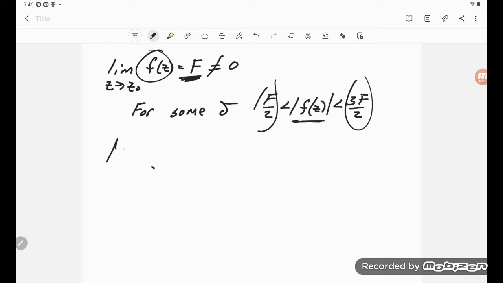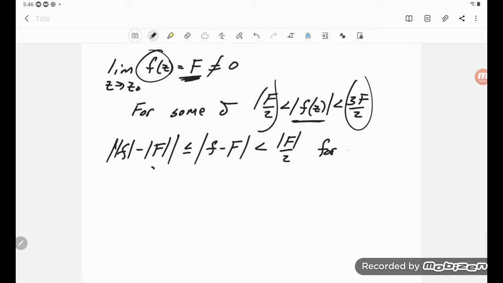So I can say that the absolute value of f minus the absolute value of big F, by the triangle inequality, is less than or equal to the absolute value of little f minus big F. And I can choose to say that that difference is less than the absolute value of F over 2 for some delta.